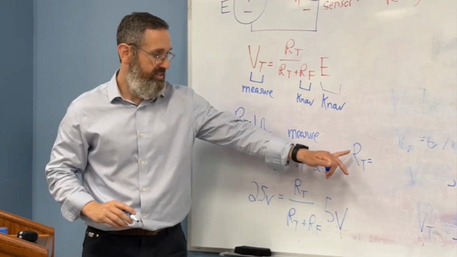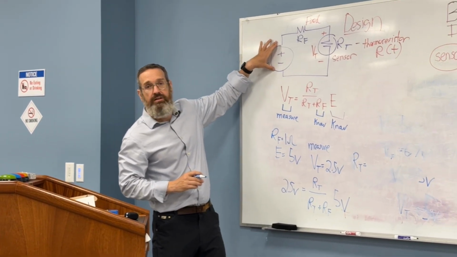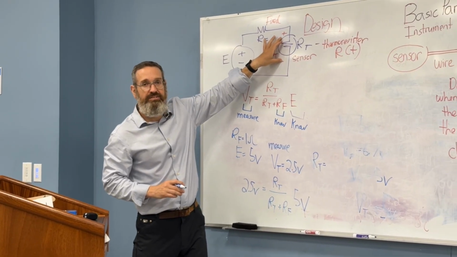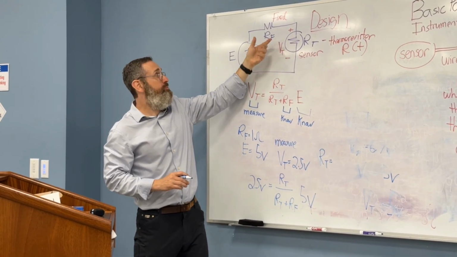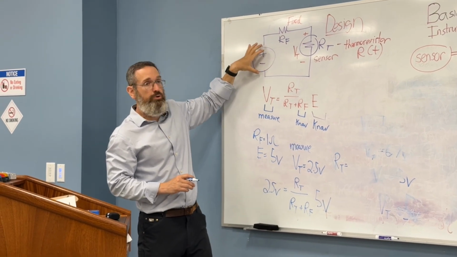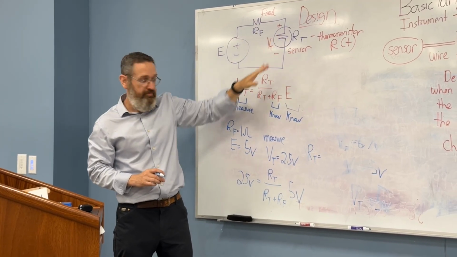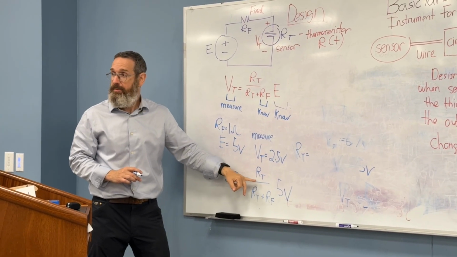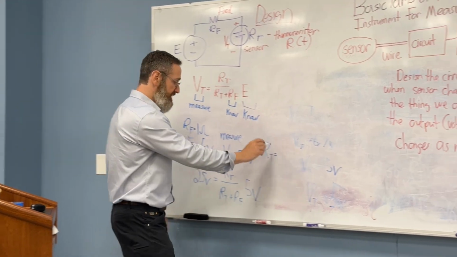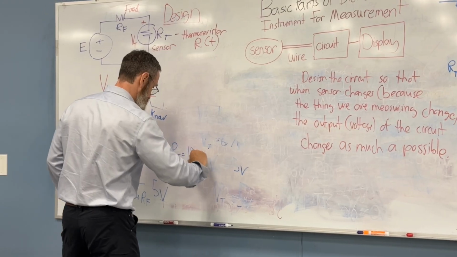And so we see once again that we have 5 volts here, and 2.5 here. We actually split it evenly. When a voltage divider takes the voltage and splits it evenly, it means that these resistances are the same, right? That's how we get a half here, right? So in this case, we would say that R_T is also equal to 1 ohm.